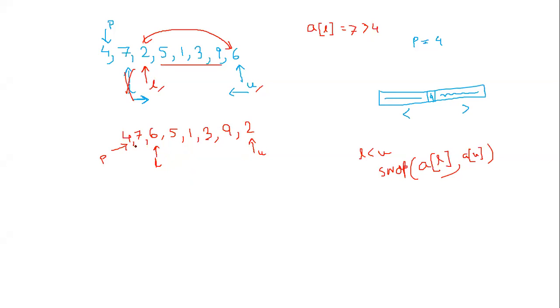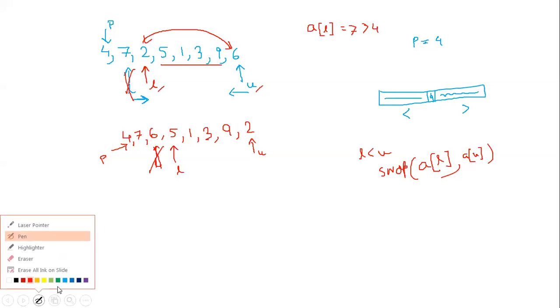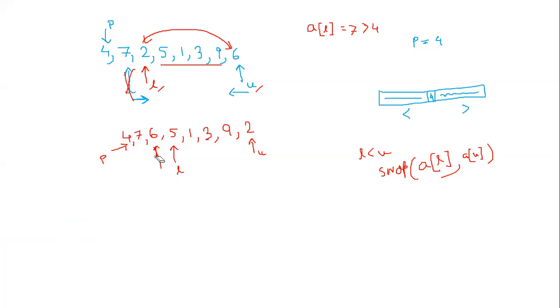Okay, so now A of L is greater than the pivot. I can increase this L. So now L will point over here. Similarly, what will happen when U will stop?